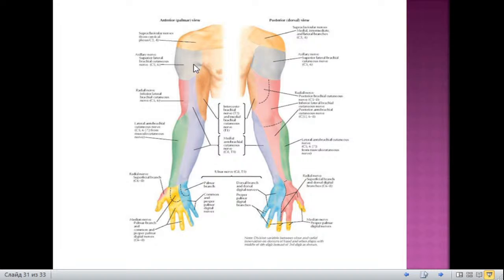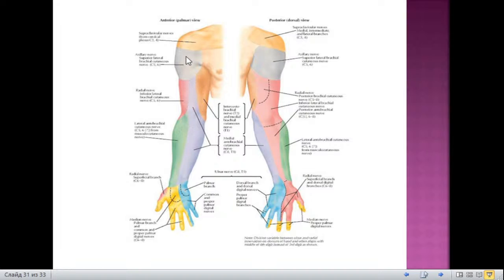After that, in the arm, skin is supplied by four nerves. It is the medial cutaneous nerve of the arm, which is a branch of the medial cord of the brachial plexus.